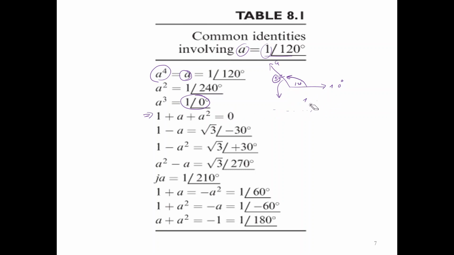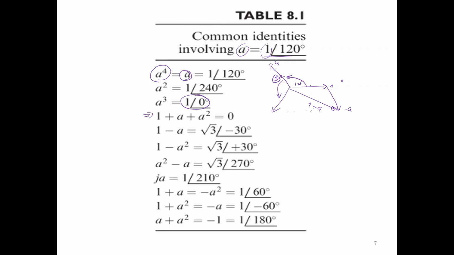Now, I think this is not the big issue. You can analyze this yourself by using simple mathematics. 1 minus a is this way. So this is minus a. So 1 minus a is right here. This is 1 minus a.